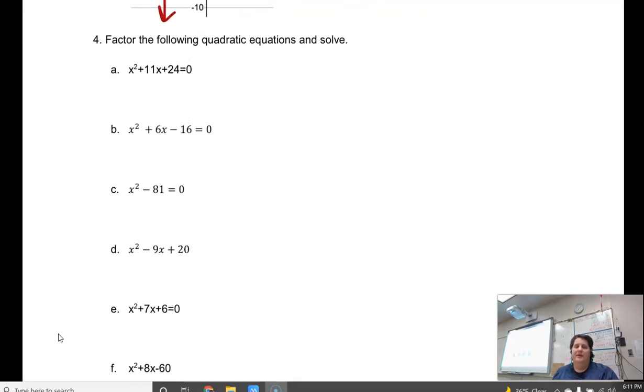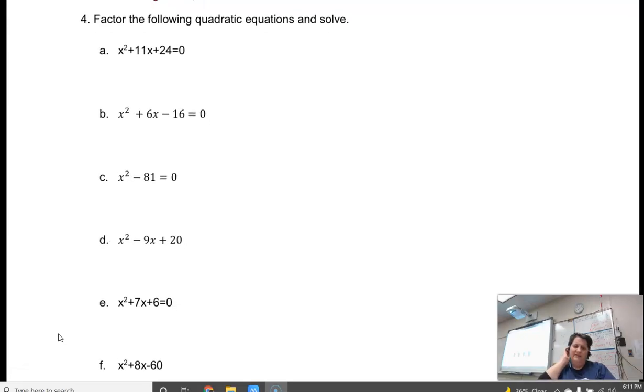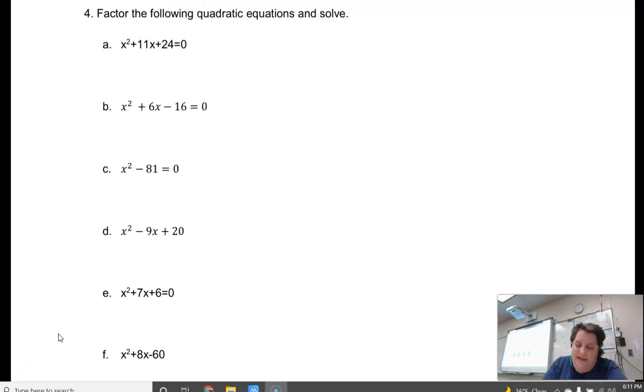Now, if it just says factor, that's putting it in the parentheses. If it says solve, that's actually finding the answers. Most of these are going to be these X problems where I ask what multiplies to make 24 and adds to make 11.